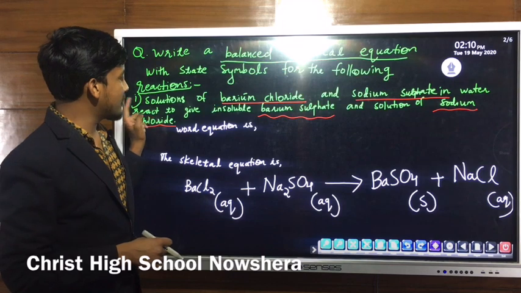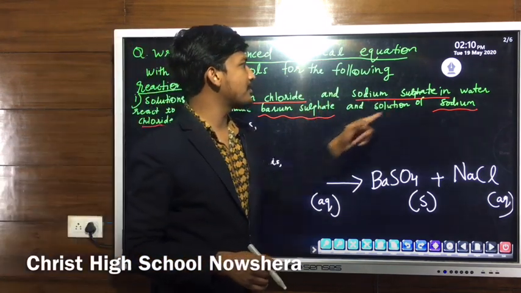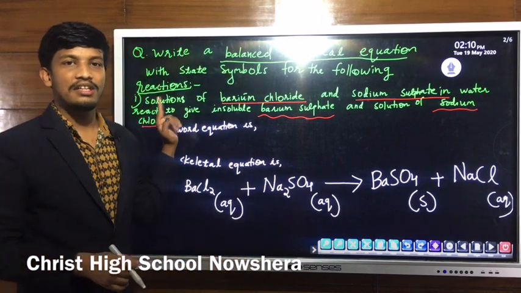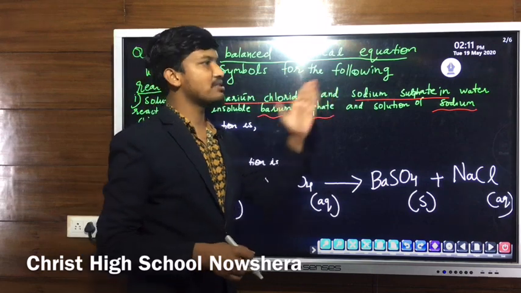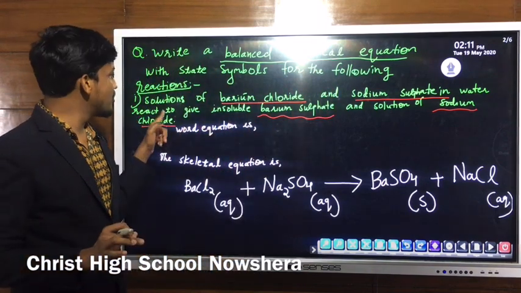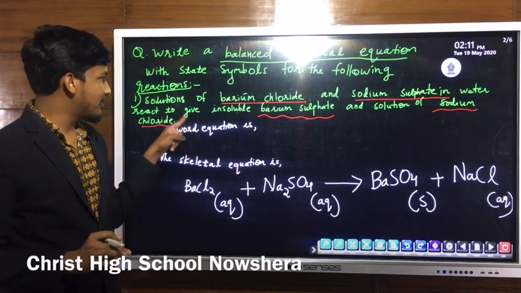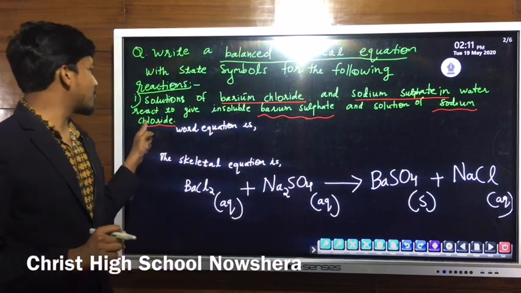Read the statement: solution of barium chloride and sodium sulfate in water react. It means there are two reactants. Which are the reactants? Barium chloride and sodium sulfate, they react. So they are the two reactants. To give, then they give which products? Barium sulfate and sodium chloride.